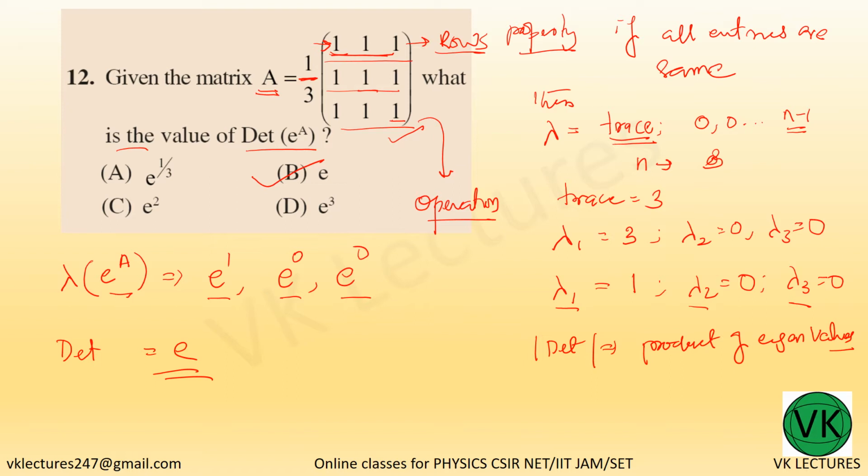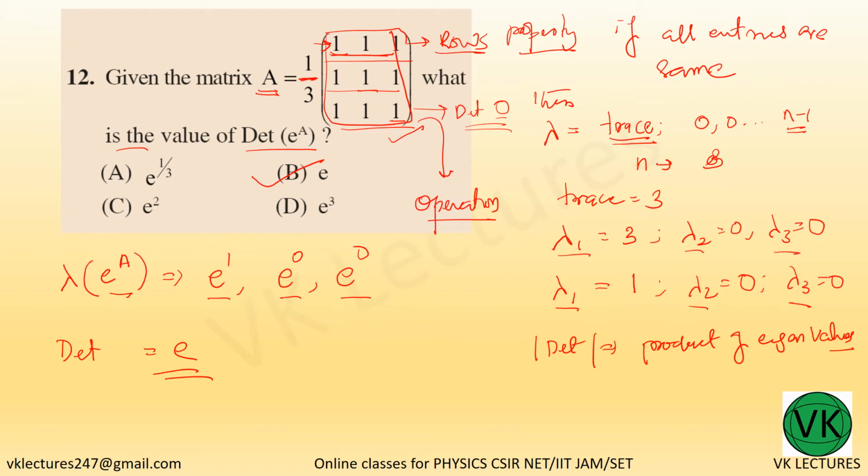Similarly, if you take the determinant of this matrix, 1 1 1, 1 1 1, 1 1 1, then this determinant is nothing but 0, right? So this is also the product of lambda 1, lambda 2 and lambda 3. Lambda 1 into lambda 2 is nothing but 0.